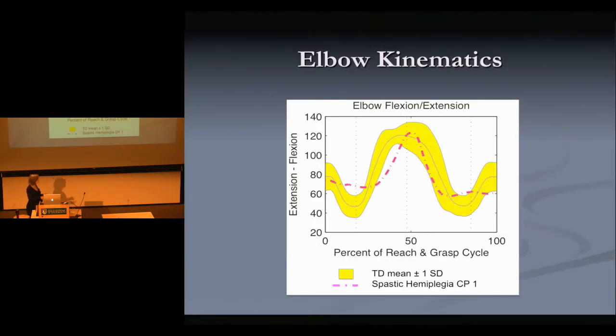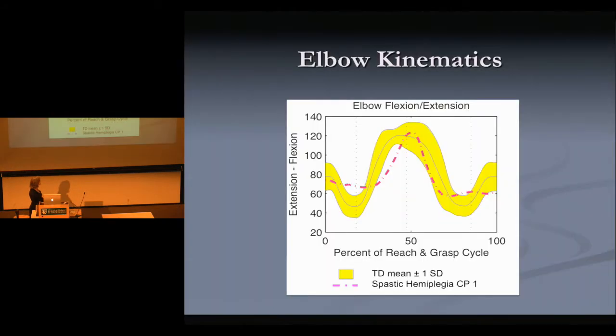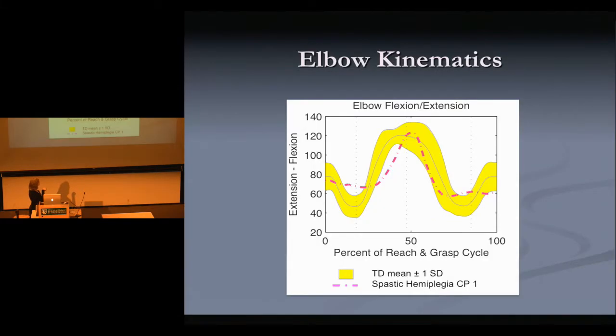So here's one of the 8 kinematic graphs that were calculated. Okay, so this is elbow flexion and extension. I'm sorry, I don't know if it's my videos or what.